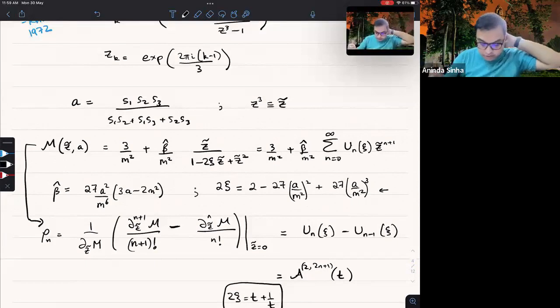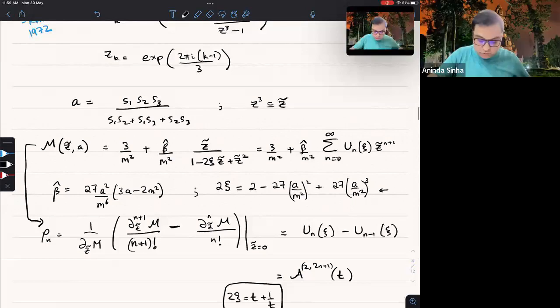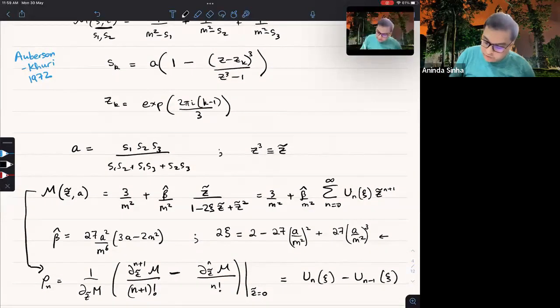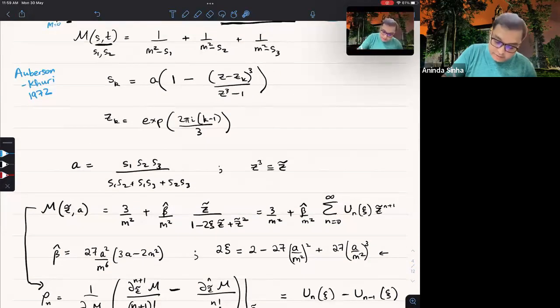It is just how it comes out. But xi has an independent definition. I have just identified this combination here to be 2 psi. If I plug these inside here, I will get this form with the identification that psi is this. Is that clear? Yeah, because it's an important bit actually.